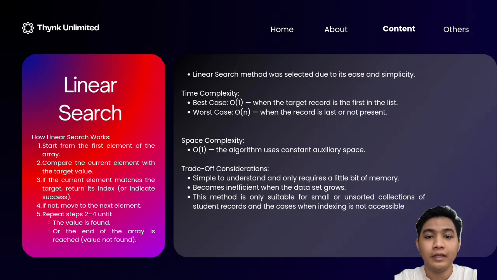For the average case, it is big O(n/2), which is approximately big O(n). The worst case is big O(n) when the record is last or missing. For the space complexity, it is big O(1), since it does not require any additional memory beyond a few variables.